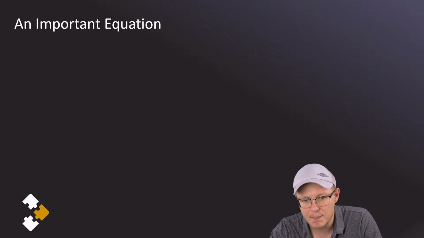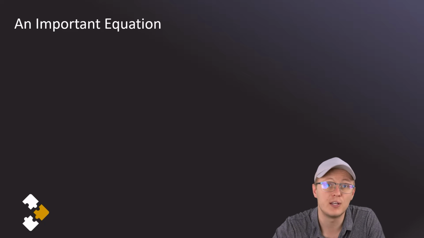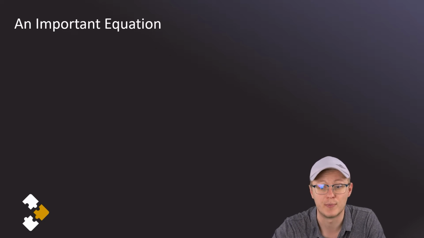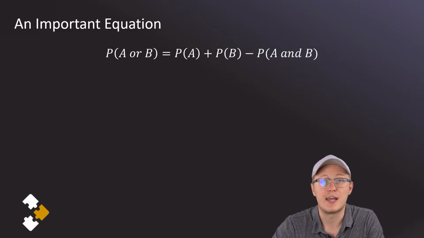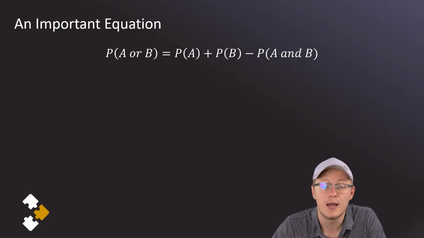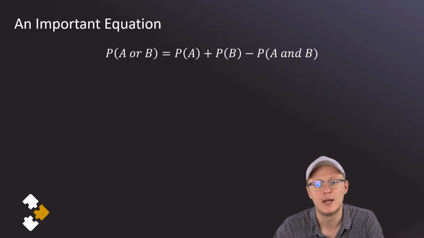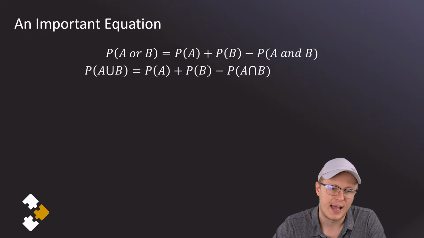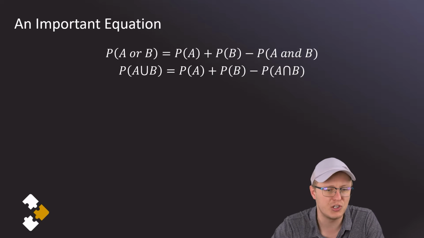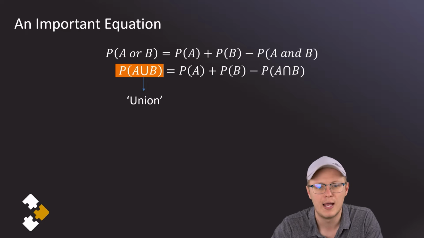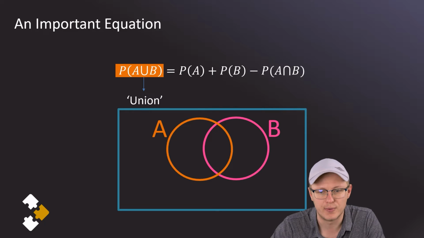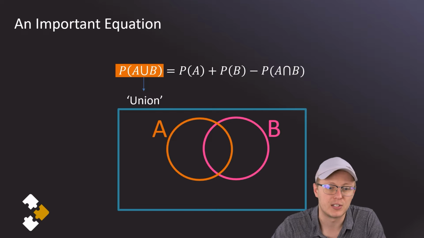Right, now remember, we have a very important equation when it comes to probability. And that is that the probability of A or B is equal to the probability of A plus the probability of B minus the probability of A and B happening together. And if we use alternative notation, we can use that union symbol there, that means or, and we can use the more rounded one there, that's going to mean and.